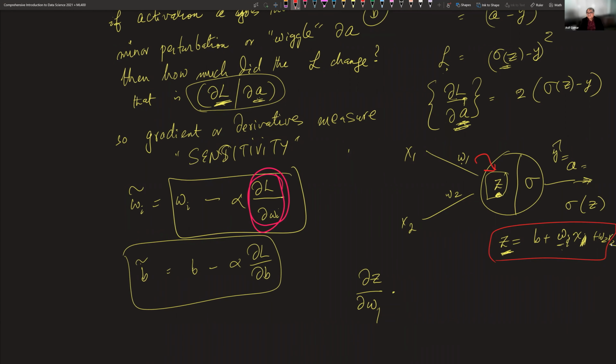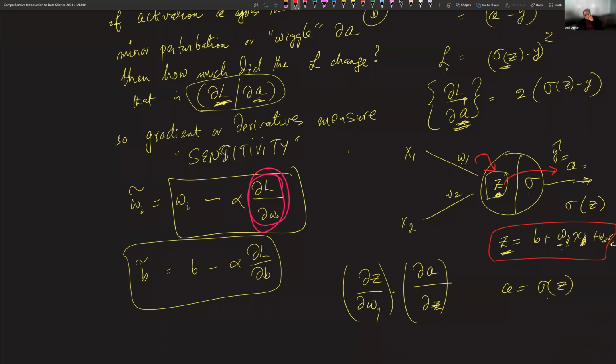But if you change Z, what will get affected is the activation, this A. A is nothing but the activation of Z. So A will get affected, isn't it? This affects the activation function or the output, isn't it?